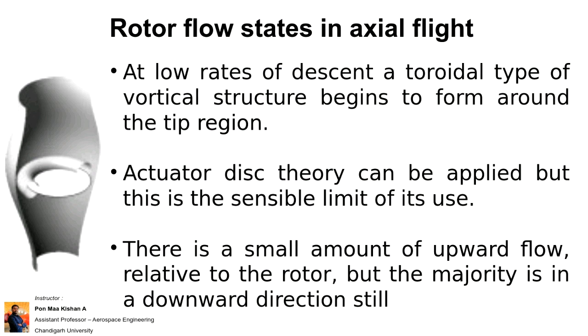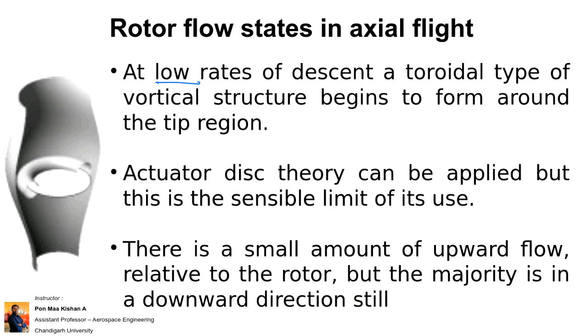Once we start to descend from the normal working state, let's start with low rates. A toroidal type of vortex will form, and the momentum theory will have a sensible limit, that is, it will have some errors. Most of the flow will be downward, whereas a small amount of flow will be upward for a low rate of descent. Kindly try to understand this for low rates of descent.